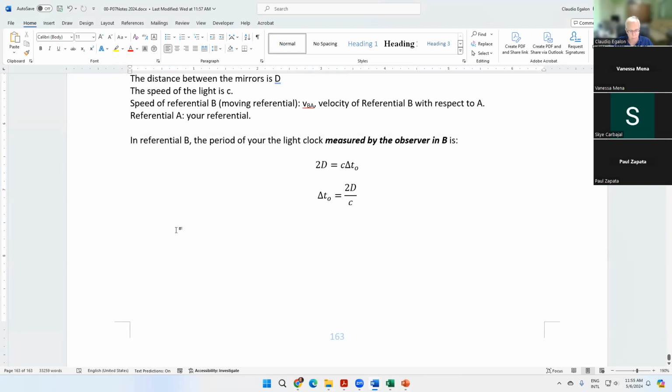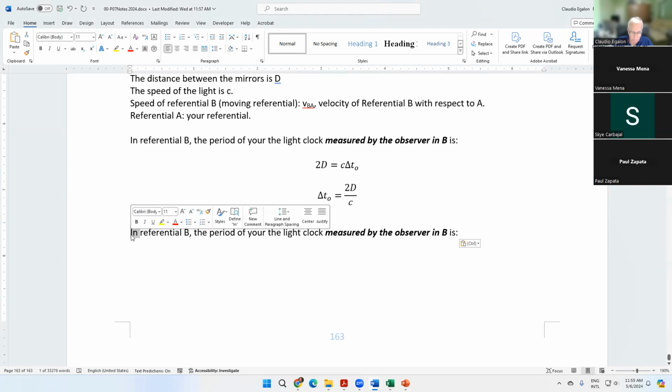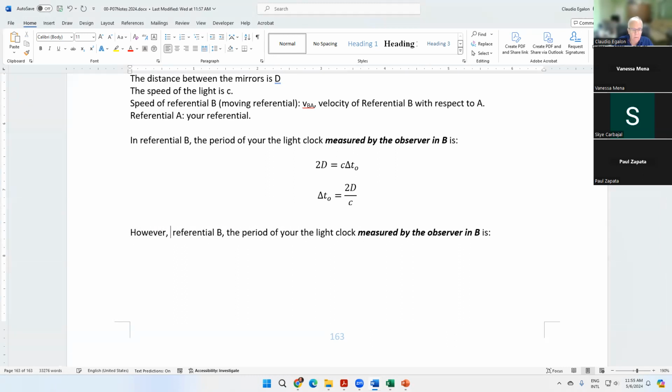However, for an observer in referential A, the period of the light clock in B is going to be different.